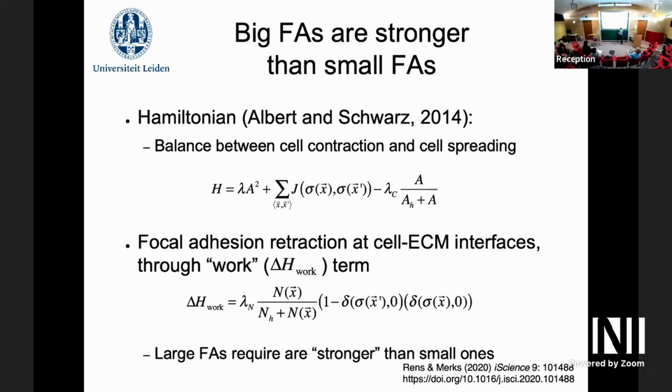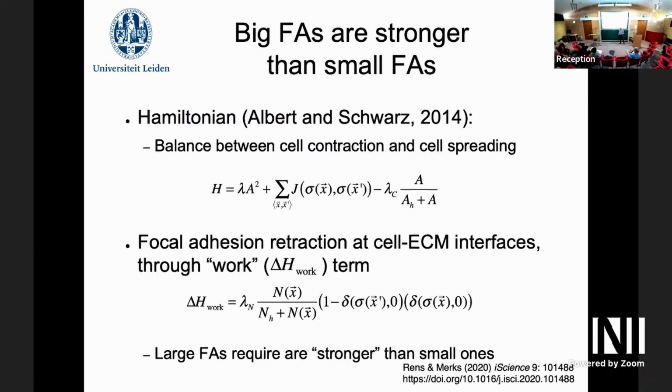So what did I put in our model? First of all, I'm going to change my Hamiltonian. I'm going to say that the cell wants to shrink completely to zero size. It still has to obey its area constraint, but it also wants to spread out into the generic region. Then whenever the cell wants to retract, very similar to the previous model, if there's an adhesion, some conditional energy is applied.